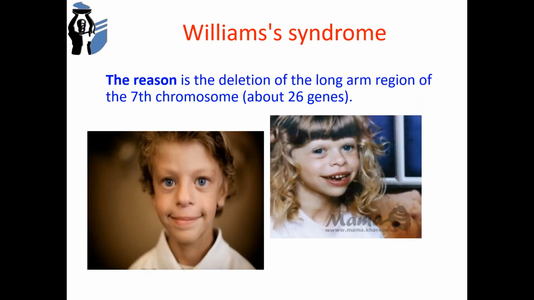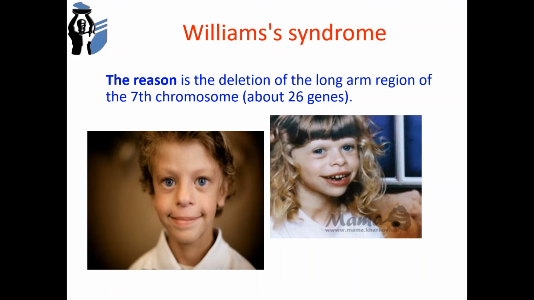For example, Williams syndrome. The reason is the deletion of a region of the long arm of the 7th chromosome, about 26 genes. The frequency of its occurrence is 1 in 20,000 newborns. The symptoms are an elfin face, narrow chest, low waist, elongated neck, and so on.